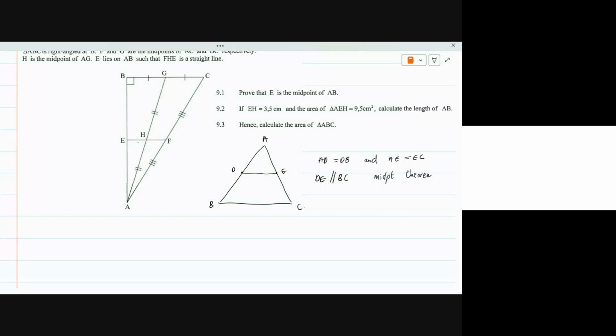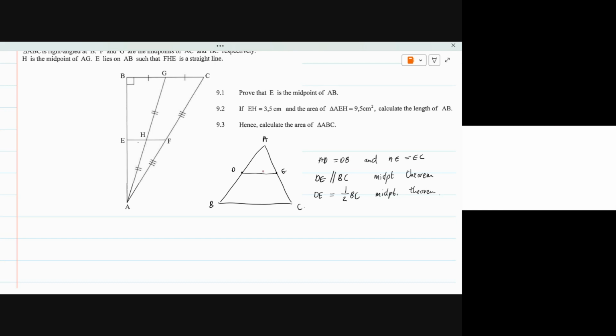Another thing that we know is that the length of DE will equal half the length of BC. Again, this is the midpoint theorem.